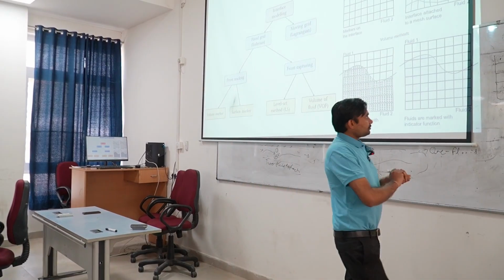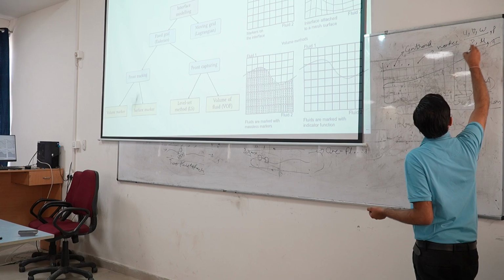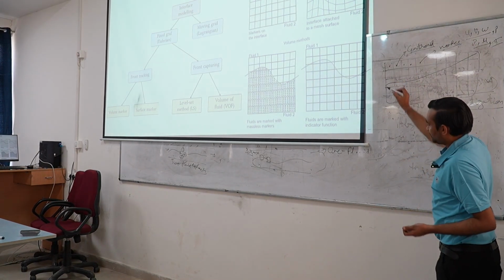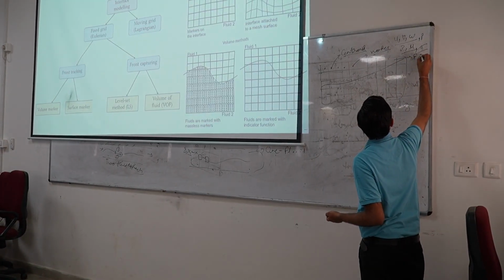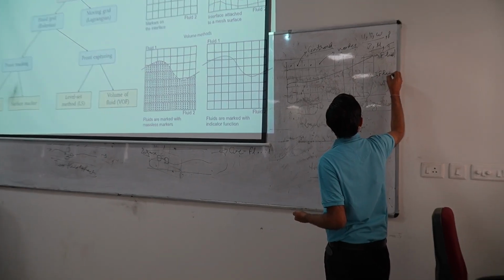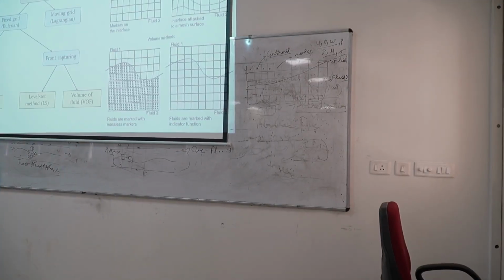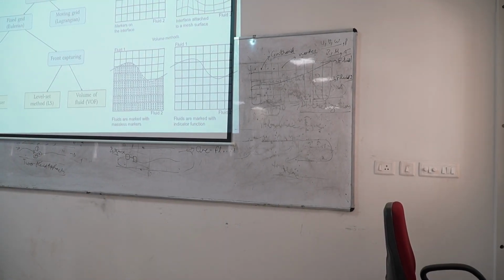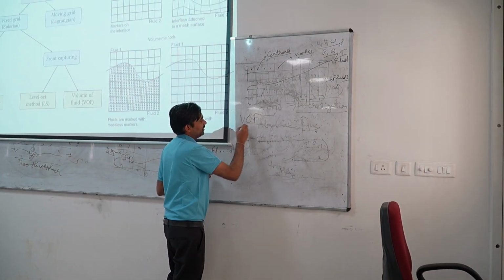Now let us assume that this is my interface. So if this is my interface, everywhere above this I have fluid 1 and below this I have fluid 2. So typically what we can do, over here I will be mainly using the VOF method.